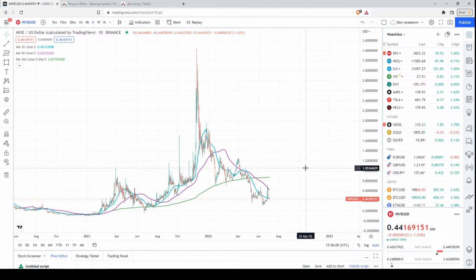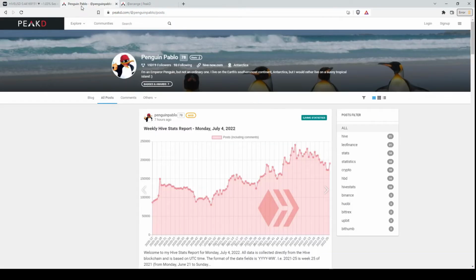Now, if we have a look at some metrics relating to the fundamentals of the HIVE ecosystem, let me show you a post that Penguin Pablo publishes. He publishes, or he or she or it, I don't know, these HIVE-related statistics.